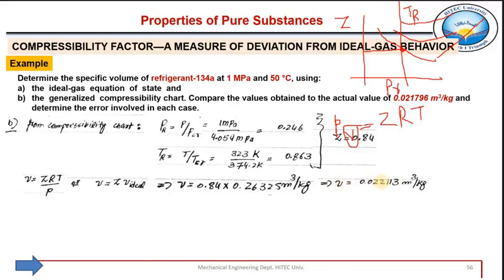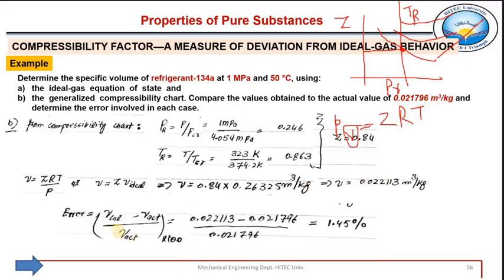Now we can find the percentage error, because now we can compare this V with this real V. So if you calculate the percentage error, we take V calculated minus V actual, divided by V actual. In the denominator, we shall write the term which is the standard with which we are doing the comparison.